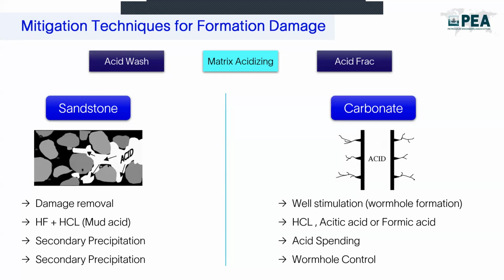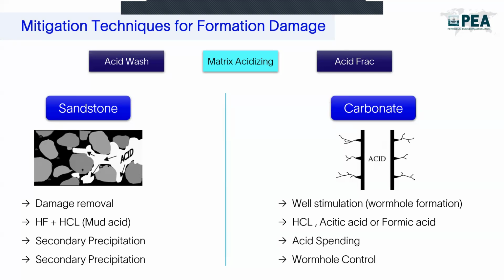The other thing is wormhole control. Okay, we are happy that wormholes are being created to bypass damage, but in some cases you have no control over the direction or how these wormholes are propagated. So we need to control this to prevent extensive acid loss into the formation, and ensure that the treatment reaches the desired depth.